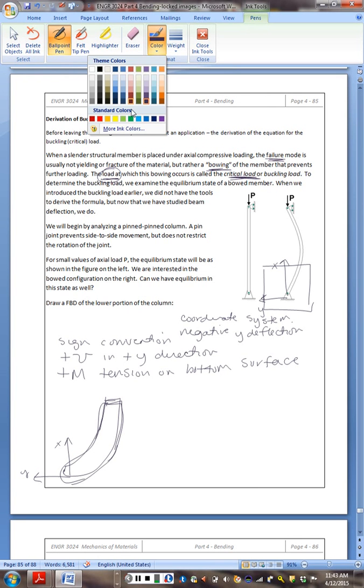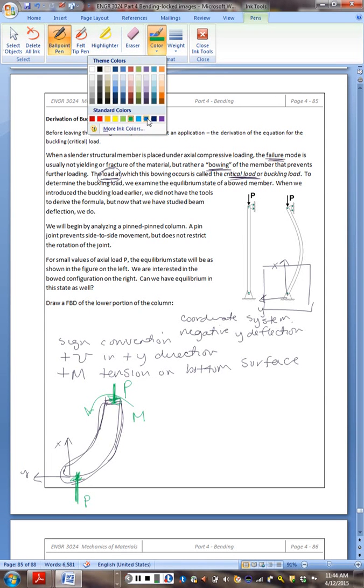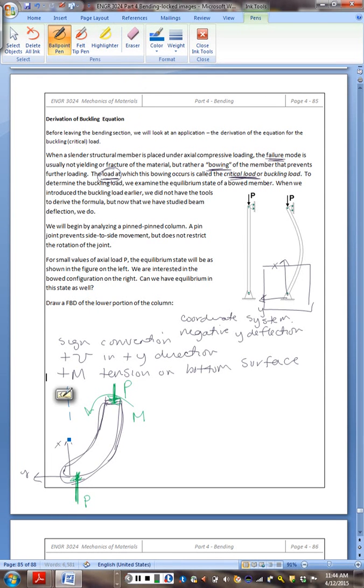We are then going to have reactions. We have to have a positive support reaction equal and opposite to the applied load. We know that we have that same internal compressive force P, and because this is offset, we know we have to have some internal bending moment. And we know that if we look at that distance, we call that a negative deflection V.